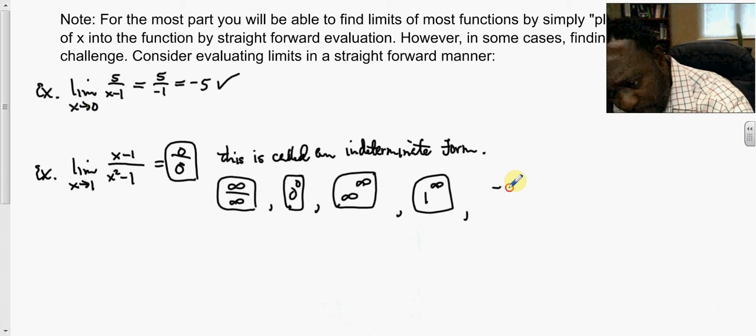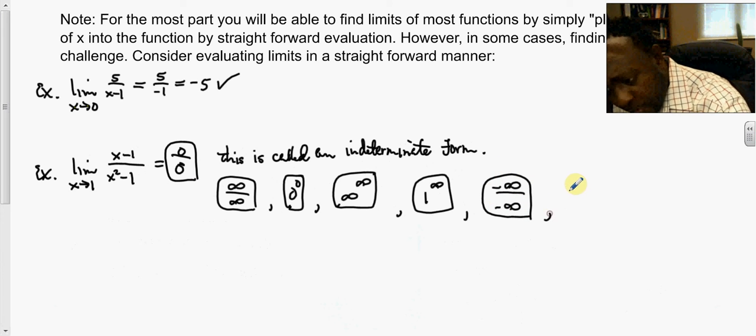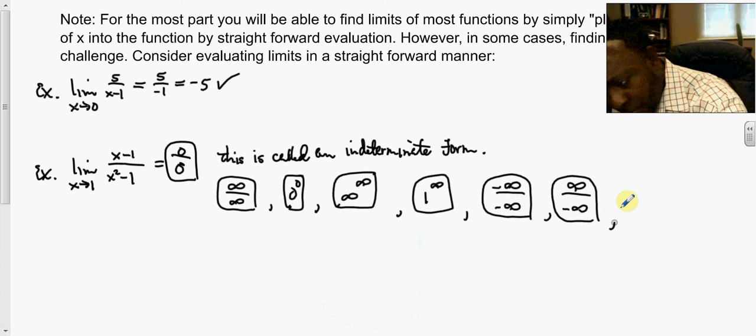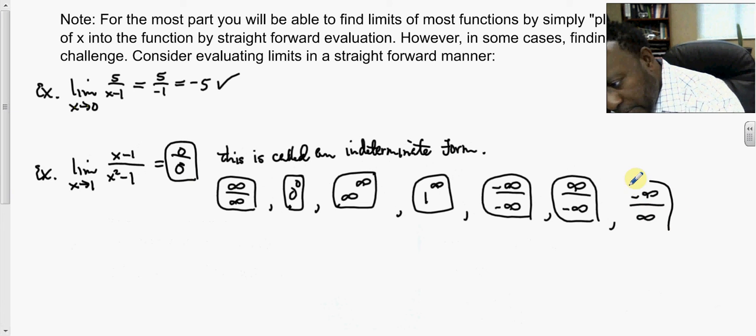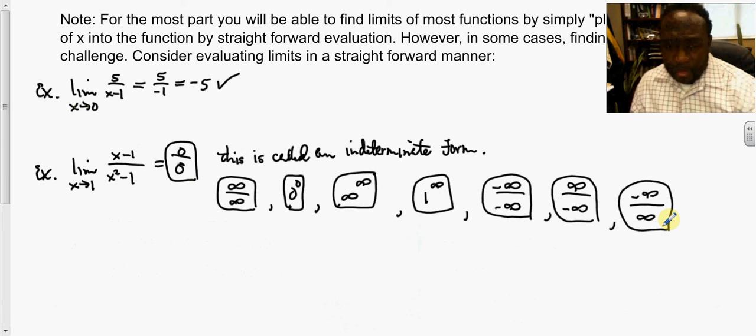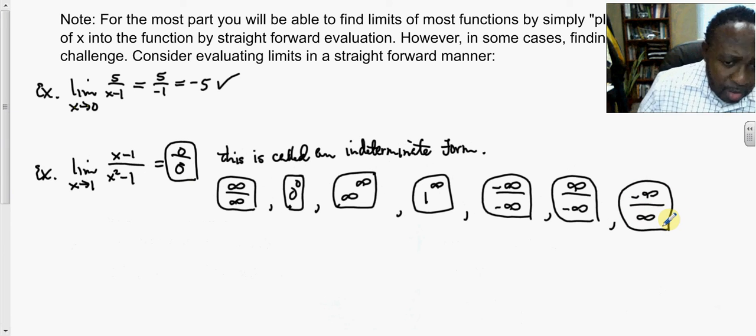And then it can be negative infinity divided by negative infinity. And not necessarily in that order, because it can be positive infinity divided by negative infinity, or negative infinity divided by positive infinity. And the list actually goes on and on.